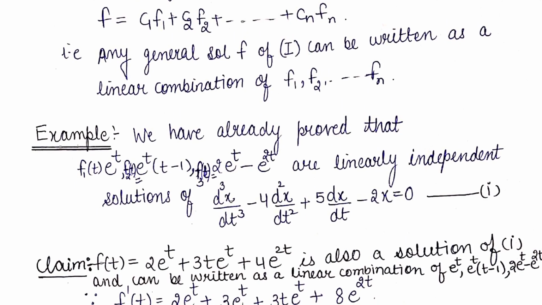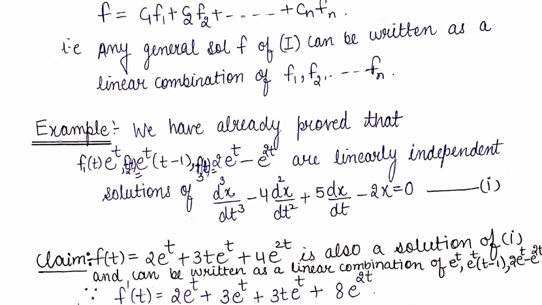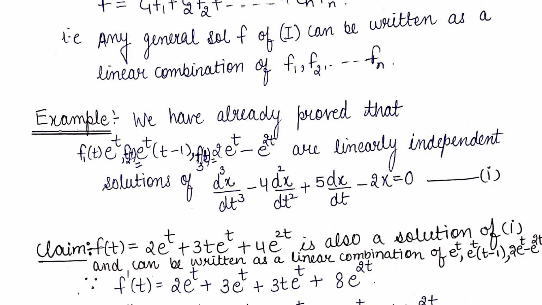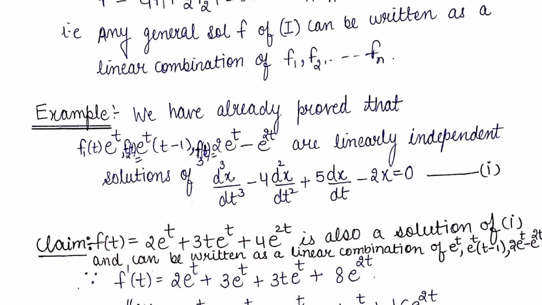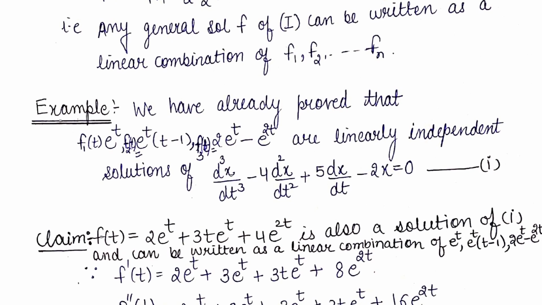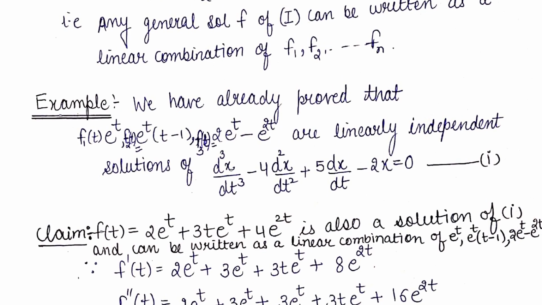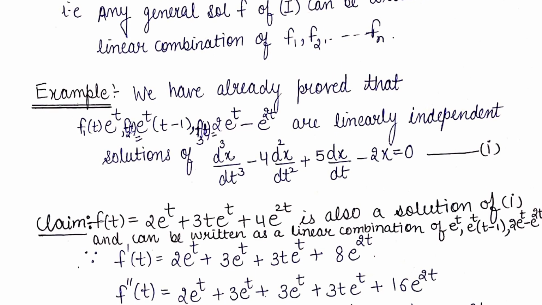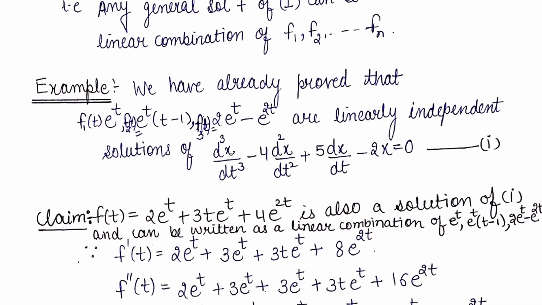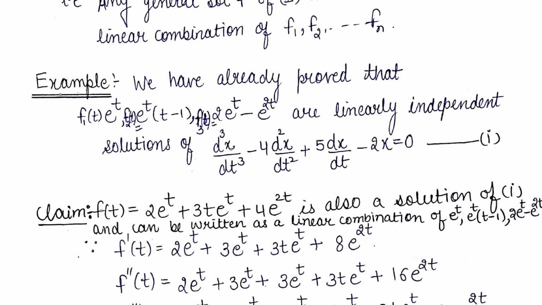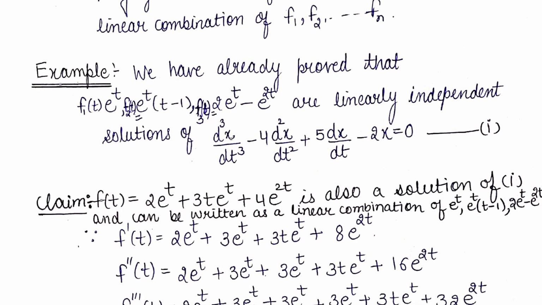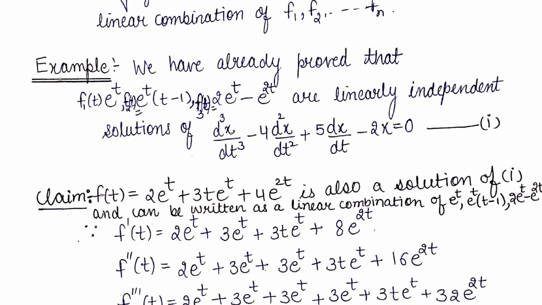So I have explained one example which uses the above theorem, and in this example I have taken the functions exponential t, t minus 1, and 2 exponential t minus exponential 2t. Now you have already checked that this set of three functions becomes a fundamental set for equation 1.